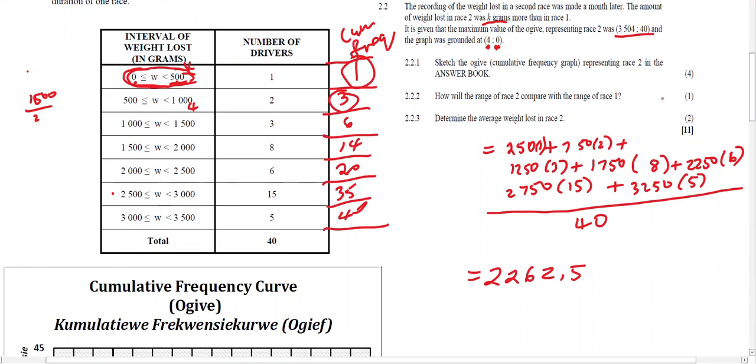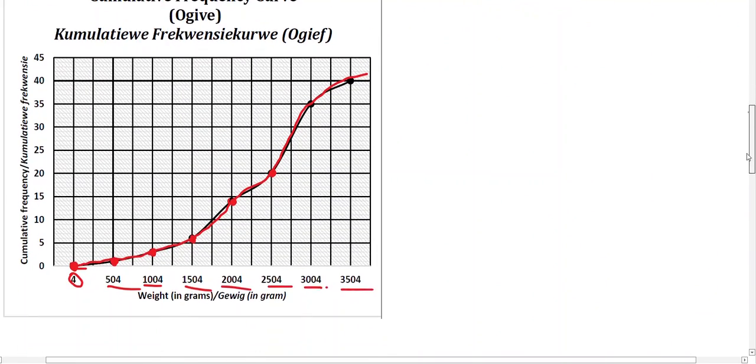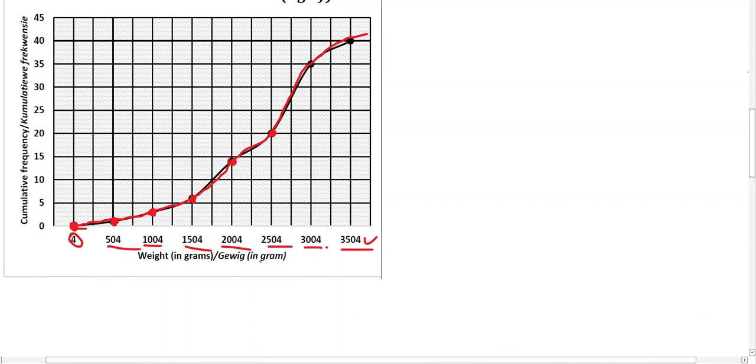If you check, it is true because this number here will go with 40. You just keep on adding 4s, because remember, this was recorded when the weight was already lost. But the good thing is the graph paper already gave you these values here. You just plot, and done.